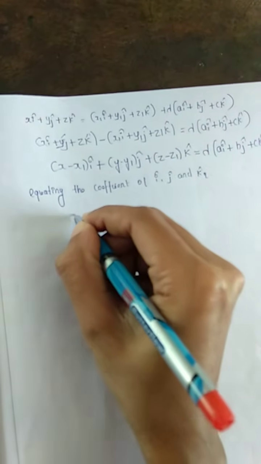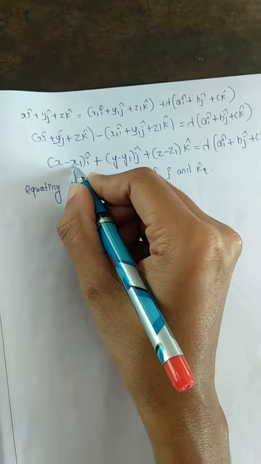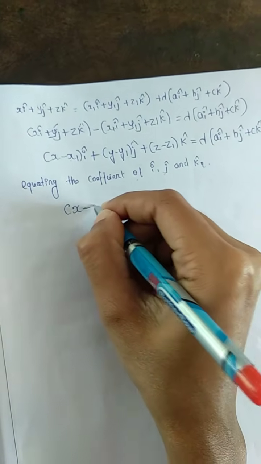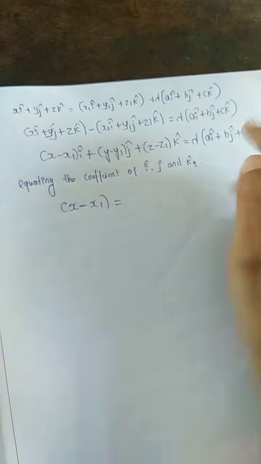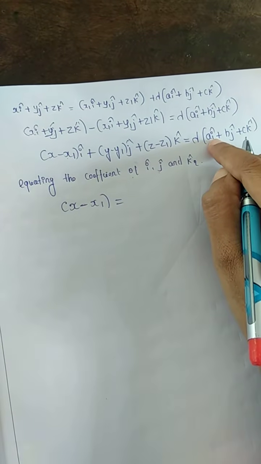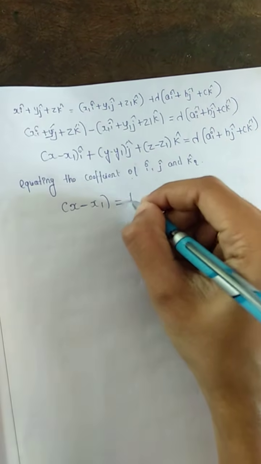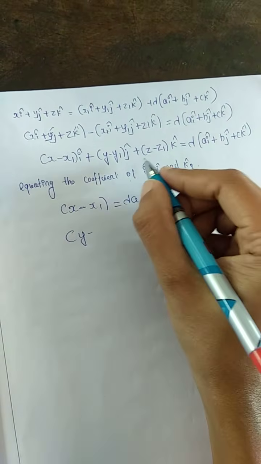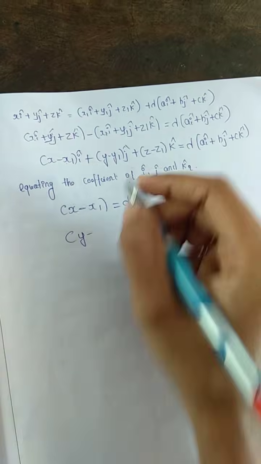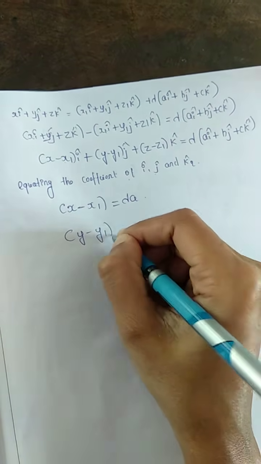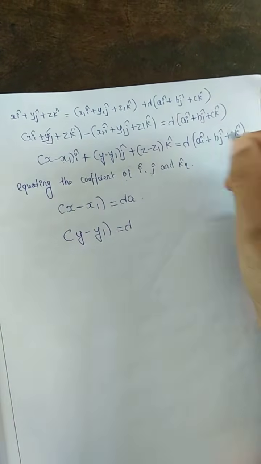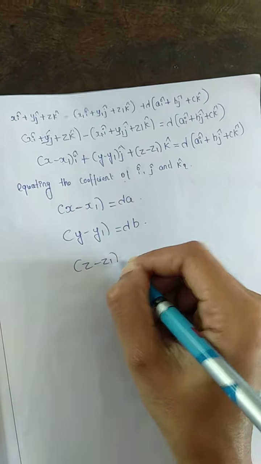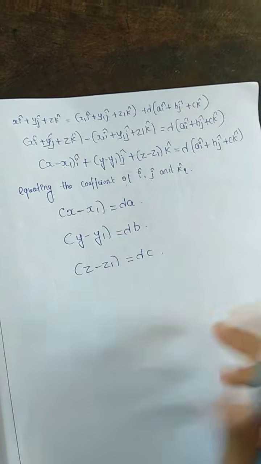So equating the coefficient of i cap, x minus x1 is equal to lambda into a. Equating the coefficient of j cap, y minus y1 is equal to lambda into b, and z minus z1 is equal to lambda into c.